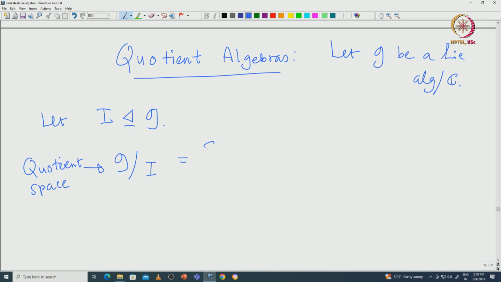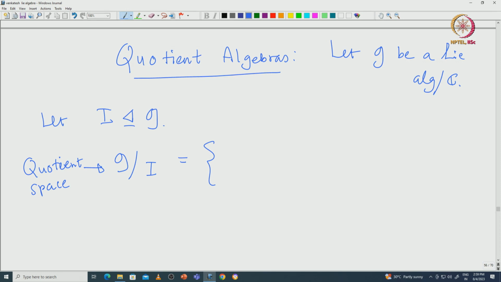Then you get these classes as the following cosets, which are nothing but translations of this I. I will just write down all these cosets. I am not going to recall the equivalence relation, but once I give you these cosets, it is equivalent to giving the equivalence relation.